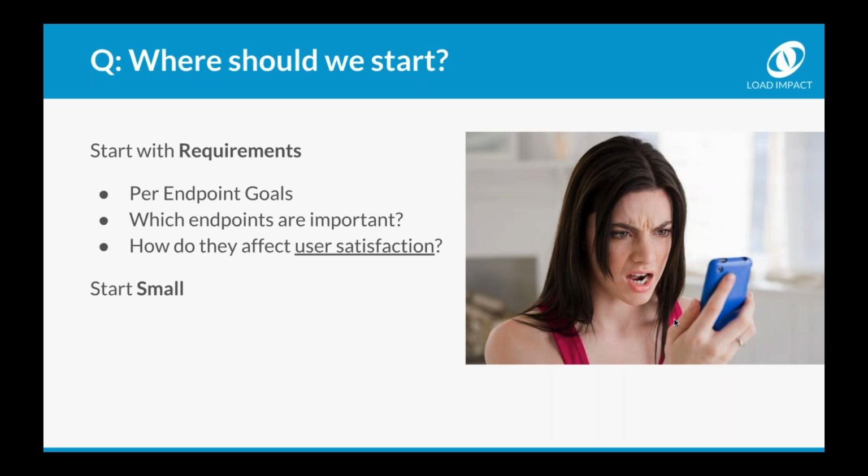So I would say start by guesstimating or guessing which endpoints are critical for you, and then start writing some small, simple tests that hammer those particular endpoints. And that's a really good start. It gives you a lot of bang for the buck, lots of return on invested time.